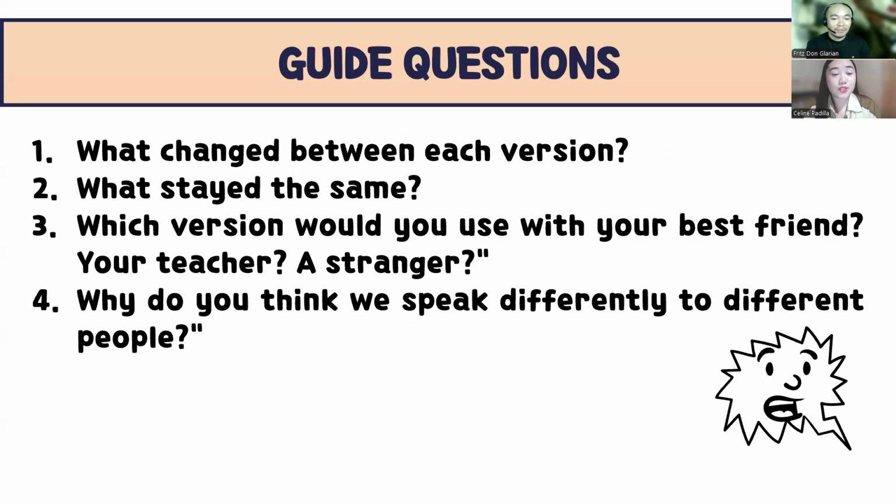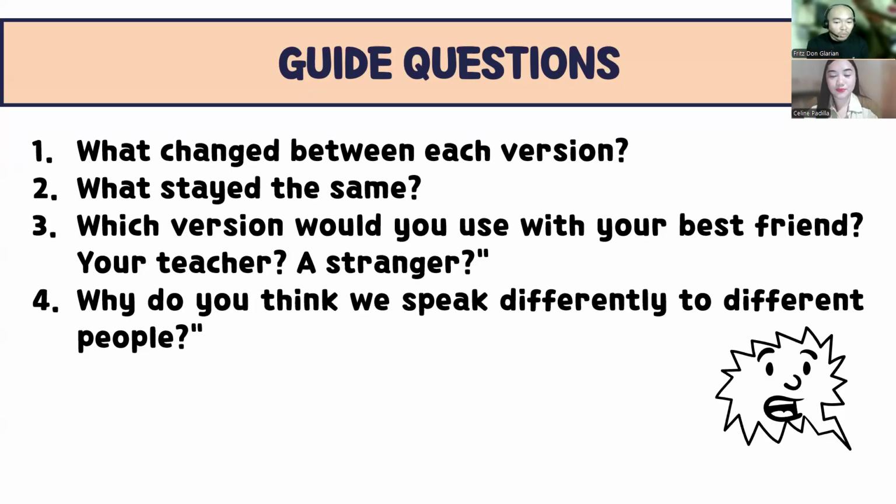Okay, so students, since you've listened very carefully, I have here some questions. So, first question. What changed between each version? Second one, what stayed the same? Excellent observation, class. Notice how vocabulary became more formal, the tone changed, and even the sentence structure became more complex.